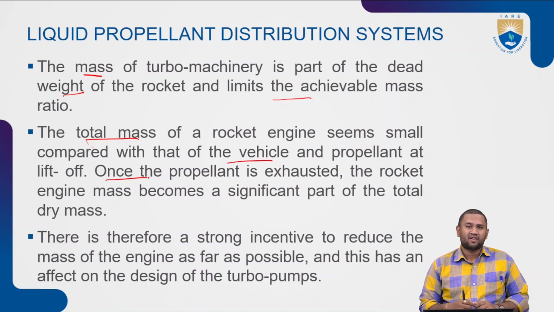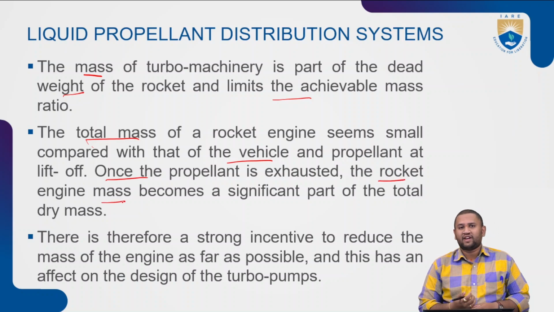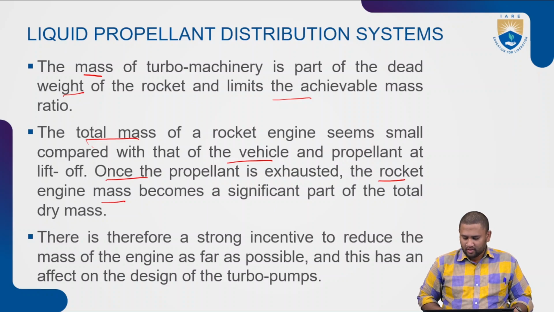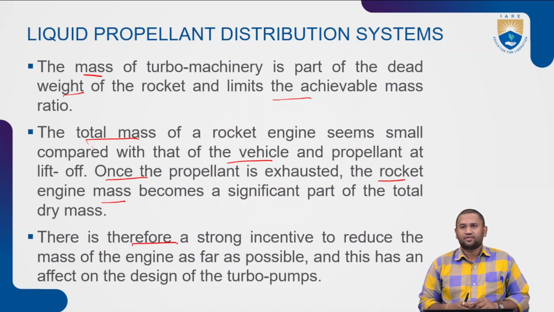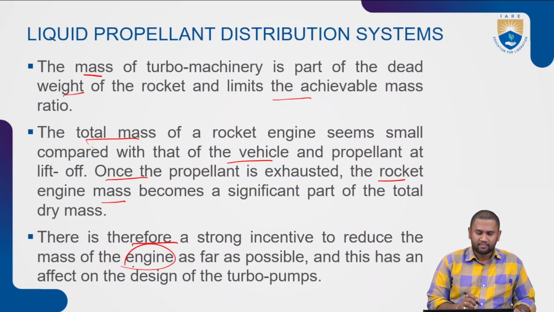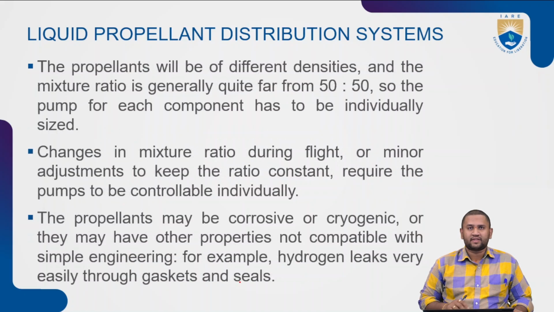Once the propellant is exhausted, the rocket engine mass becomes a significant part of the total dry mass of the same vehicle. So, therefore, a strong incentive is to reduce the mass of the engine, particularly the rocket engine, as far as possible, and this has an effect on the design of the turbo pumps.